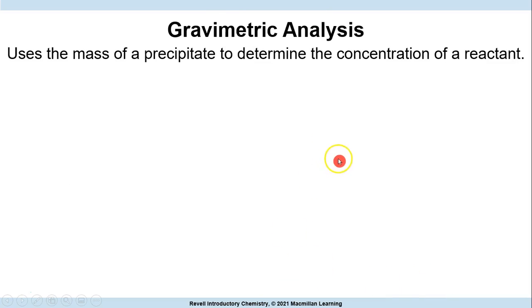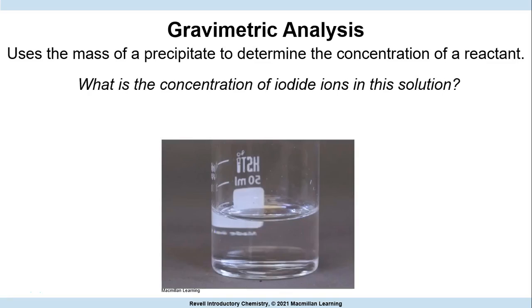Now let's look at what we call gravimetric analysis. With gravimetric analysis, we are going to use the mass of a precipitate that is formed to determine the concentration of a reactant. Let's say, for example, we have a reaction that we are carrying out, and we use a particular volume of a reactant, and we are asked to calculate the concentration of the reactant.